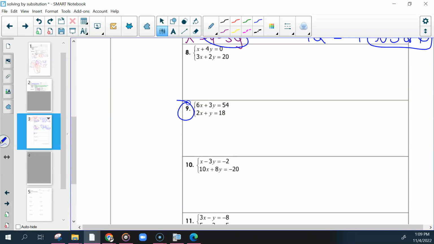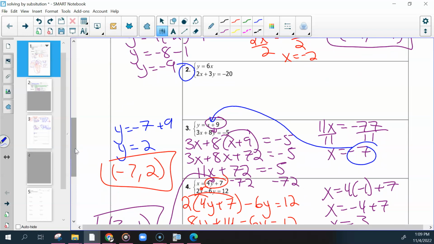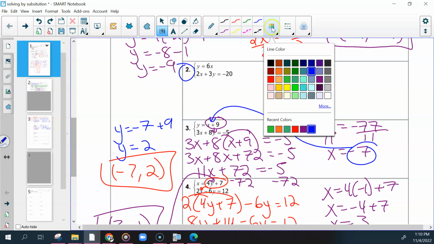If not, we'll do those two. If we have questions about anything else, we'll come back. So let's start with 2 on the very first page that we started on. Then we'll go to 9 on the next page. And then if no other questions, you'll have time to practice.